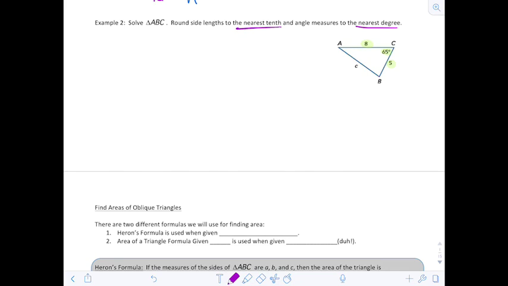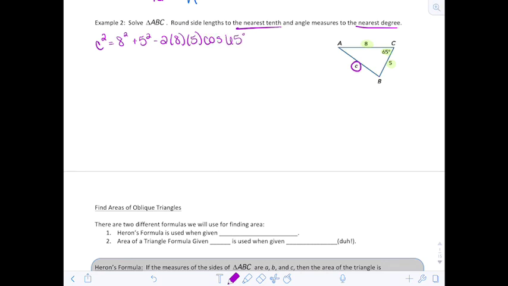So the first thing we're going to find is side C, because I have angle C. So I would say that C squared would be equal to the other two sides squared, 8 squared plus 5 squared, minus 2 times the other sides, 8 times 5, times the cosine of 65 degrees.